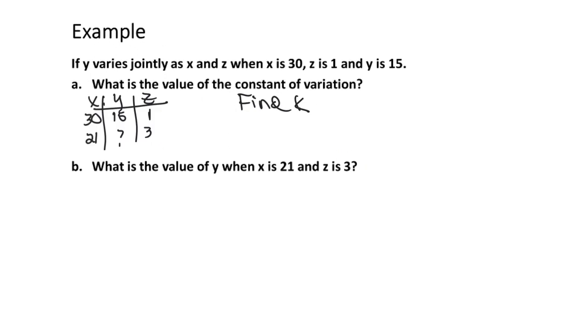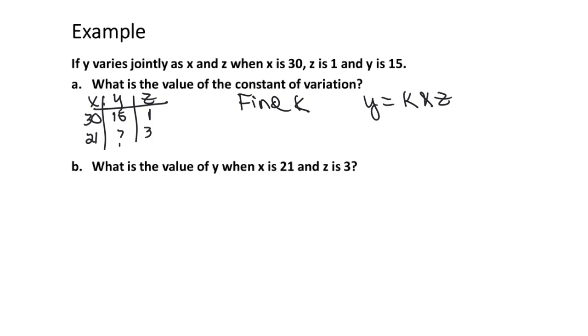All right, we're looking at a problem that tells us that y varies jointly as x and z. When x is 30, y is 15, and z is 1. And then the other values given, x was 21 and z was 3. So the first thing I'm going to do is use those first 3 numbers to find k. I have y is equal to kxz.